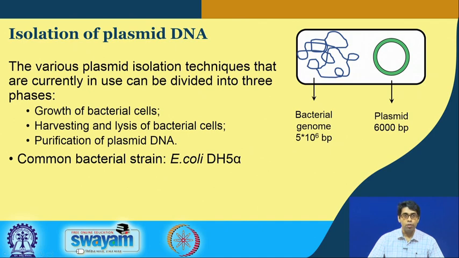In that case we used BL21DE3 because we wanted to make protein, and there are certain characteristics of that particular strain which are conducive for overexpression of the protein of interest, so that we make more of our protein and then purify it from that strain. So, for proteins we use BL21DE3, and for plasmid DNA we use DH5 alpha E. coli strain.